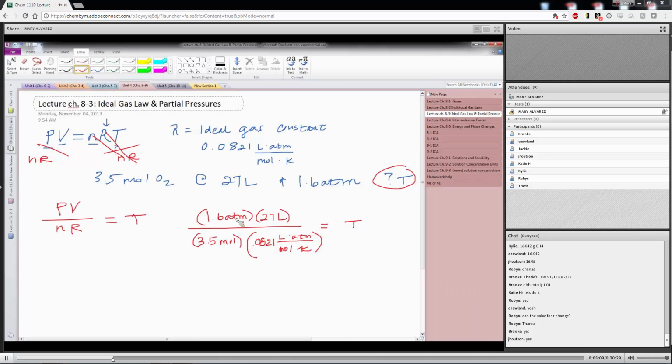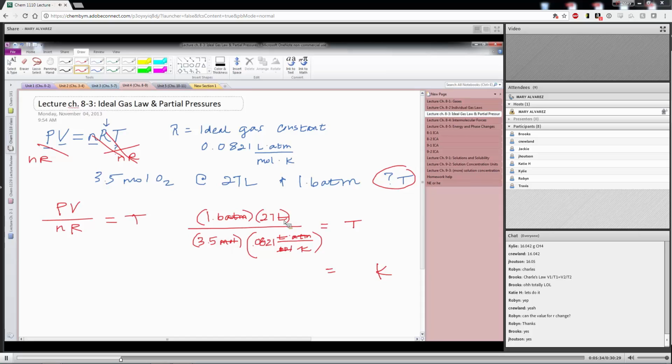And if you notice your units, atmospheres divided by atmospheres will cancel, liters divided by liters will cancel, moles divided by moles will cancel. And then since I'm dividing by Kelvin, the Kelvin ends up on top. So I will get my units in Kelvin.